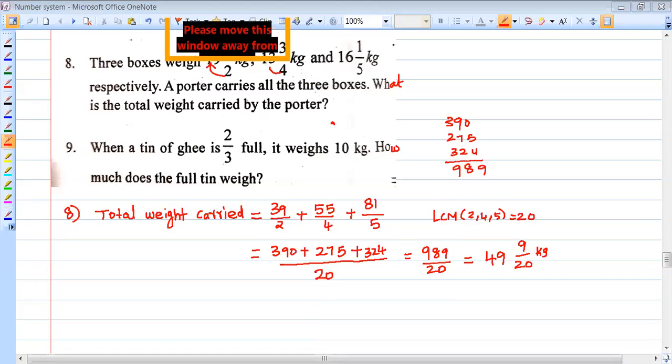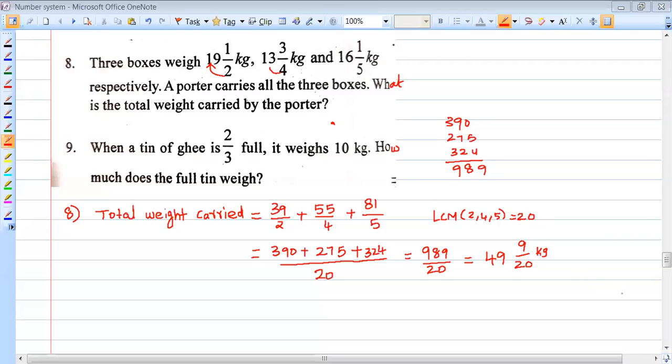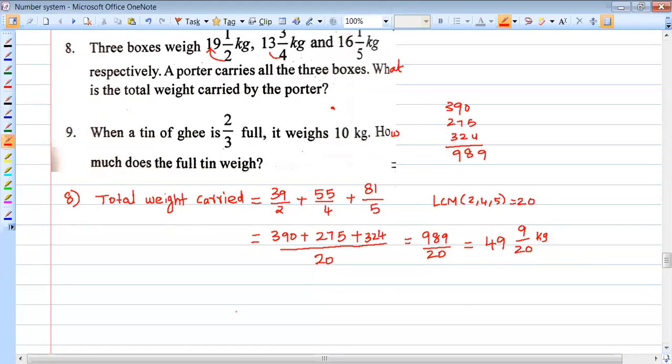Sir, is it this difficult to find the answer? Is there any easy method? Yes, an easy method is also there. Let me tell you what that easy method is. What you have to do is very, very simple.